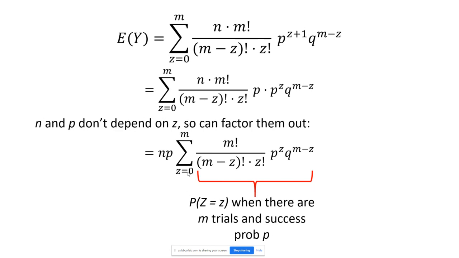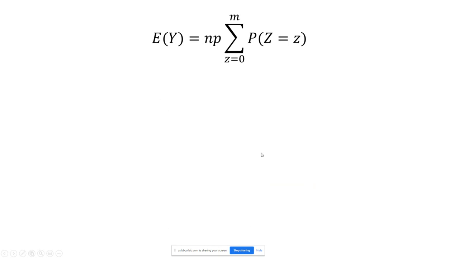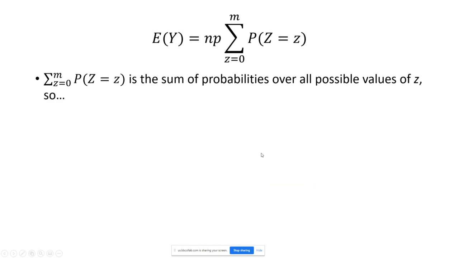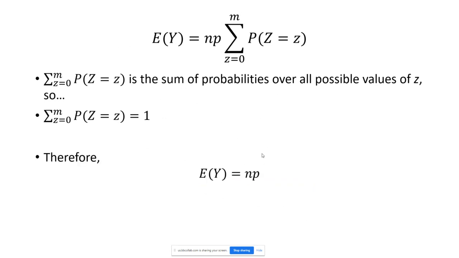So what we're doing here is taking probabilities and adding them up over all the possible values of the random variable. So that's equal to 1. That means our expected value of y equals n times p times 1.